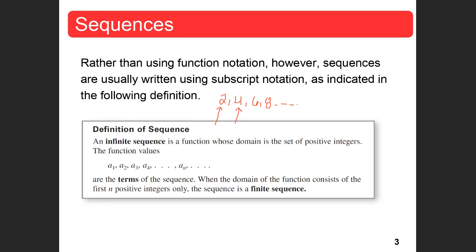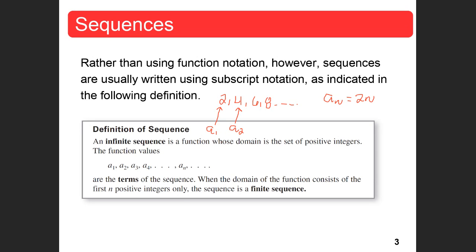This is the second term, and usually we call this a sub 1, this is a sub 2, and if I wanted to write an equation for this, an nth term we call it, this would be a sub n is equal to 2n.